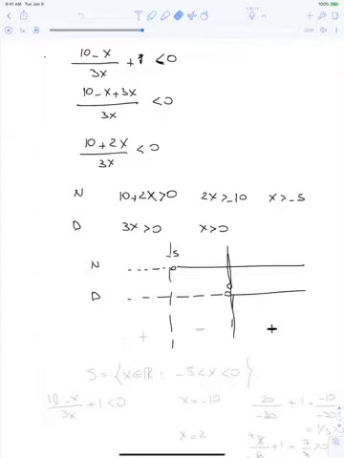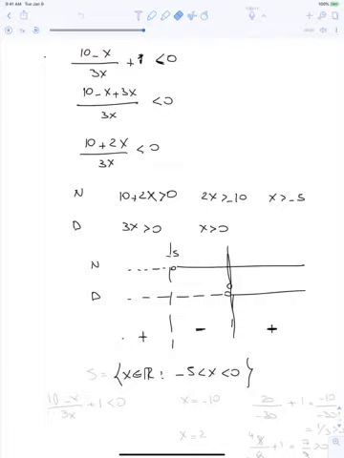Less than minus 5, it's going to be positive again because these are both negative signs. And here between minus 5 and 0, it's going to be negative. So the solution is x belonging to the set of real numbers such that minus 5 is less than x less than 0.